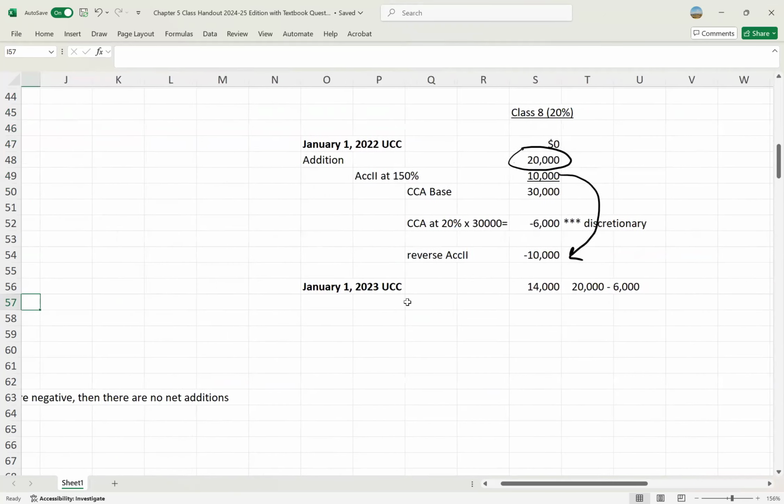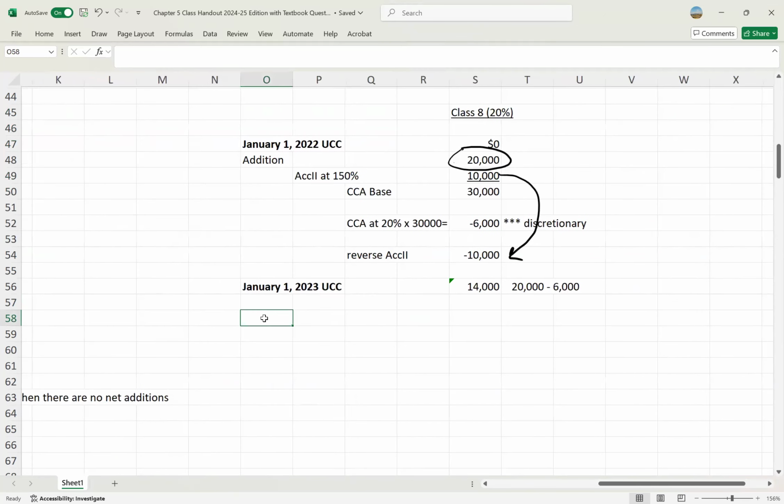So we're using the same example, but what's going to happen in 2023 is that, let's say we sell the old equipment for 19,000 now. And then let's say we buy new equipment for 10,000.